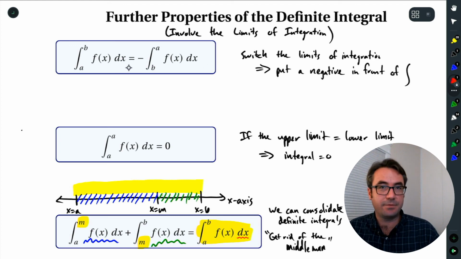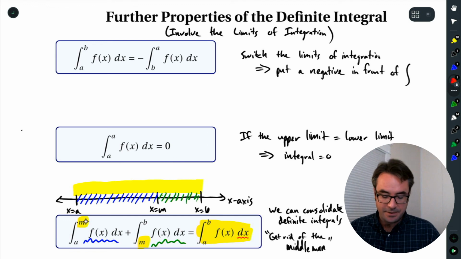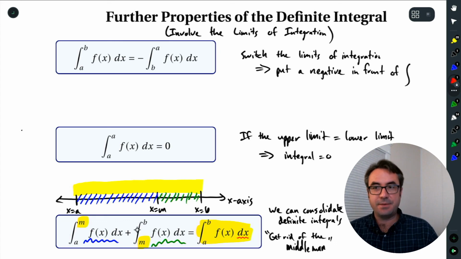We just have to put a negative in front. If our limits of integration are the same, we get 0. And if we're adding two integrals of the same function, and we have this matching number m, we can just get rid of that and consolidate these into one single integral.